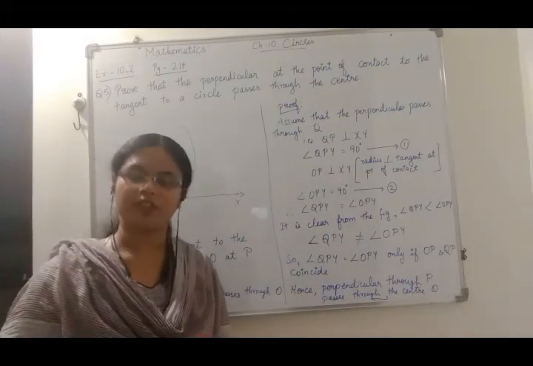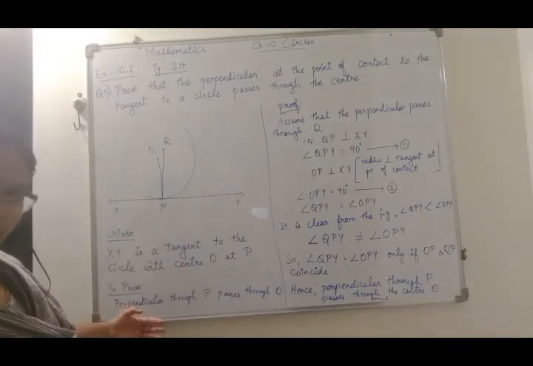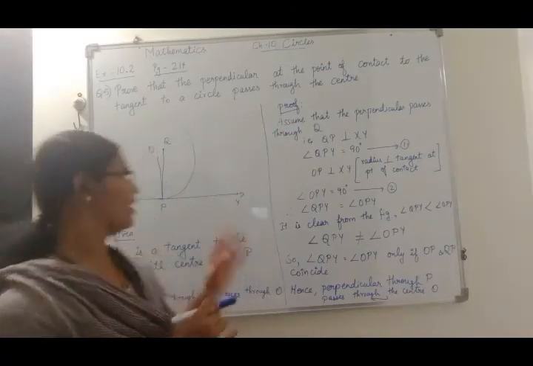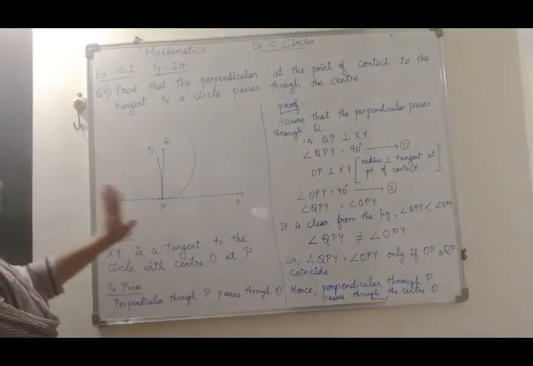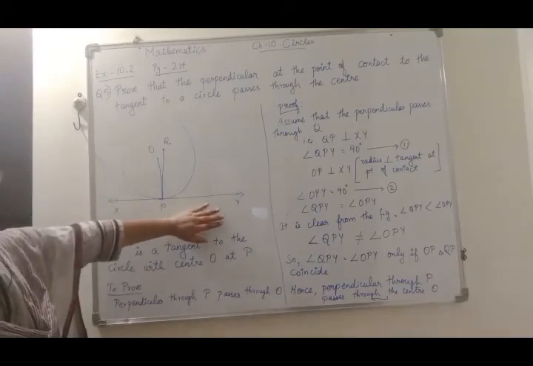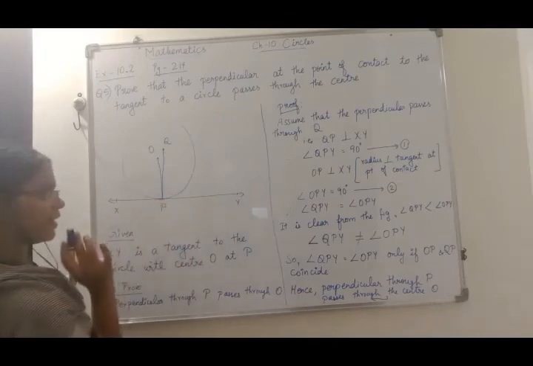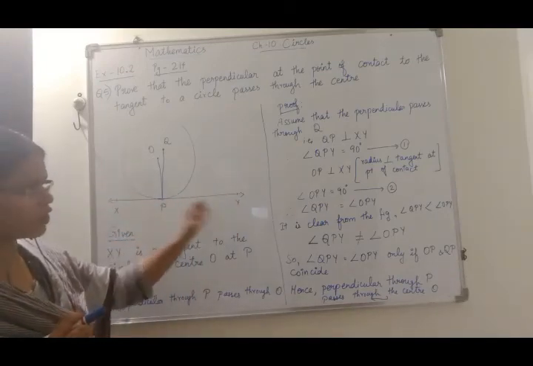Okay, so this is method of contradiction. I'll repeat again. You all know given and to prove. In proof, first we are going to assume that O and Q are different. Okay, so QP only is perpendicular. That is what we are assuming. Okay, so angle QPY is 90 degree. Now we know that radius and tangent are perpendicular to each other.